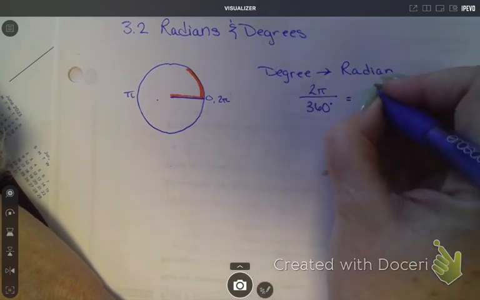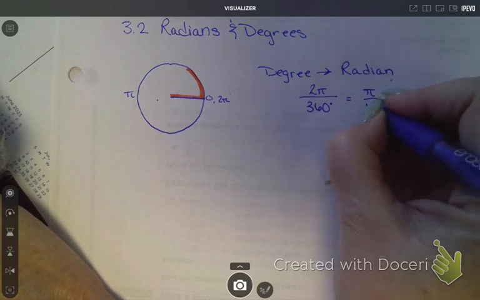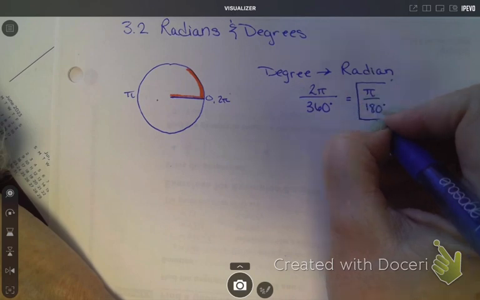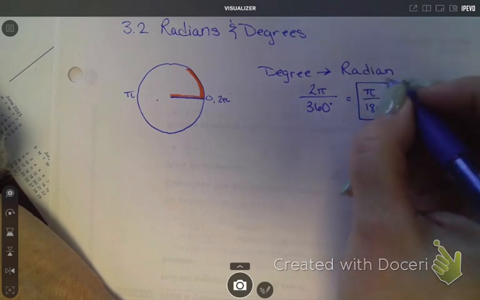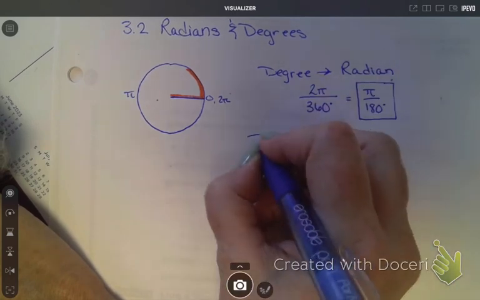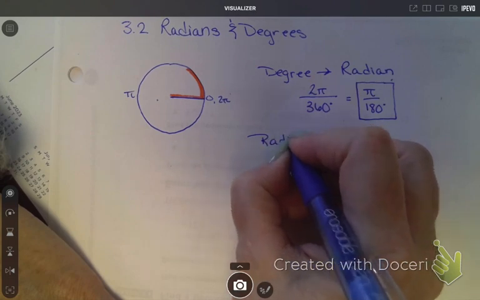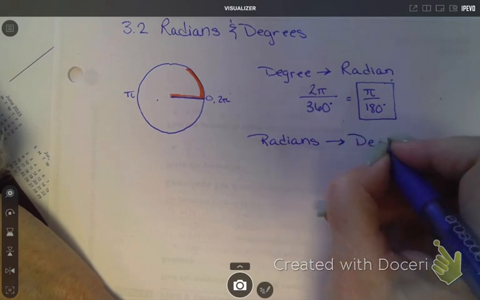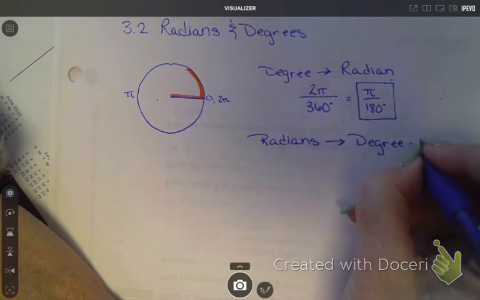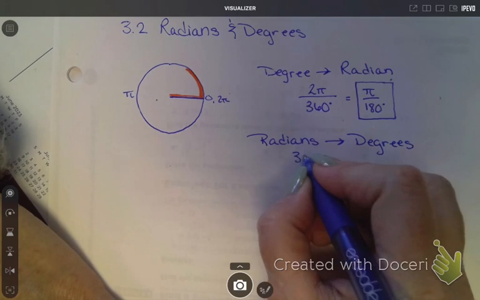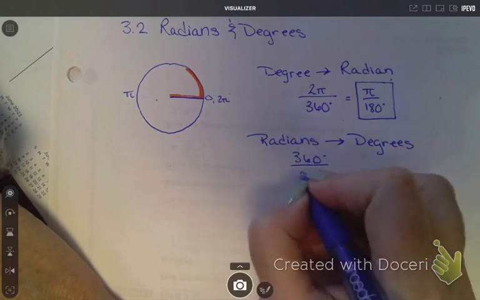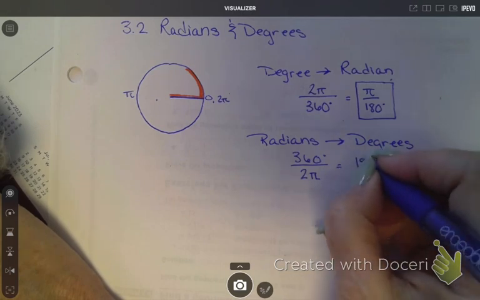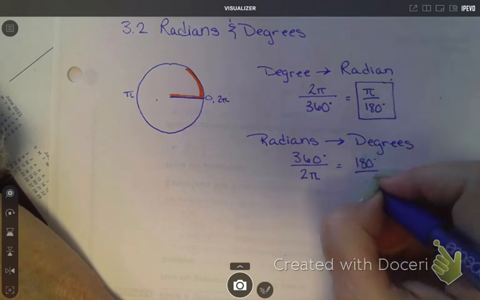So that is pi over 180. We would multiply the degrees by pi over 180 to go from degrees to radians, and to go from radians to degrees, we would do 360 degrees divided by 2 pi, which is equivalent to 180 degrees over pi.